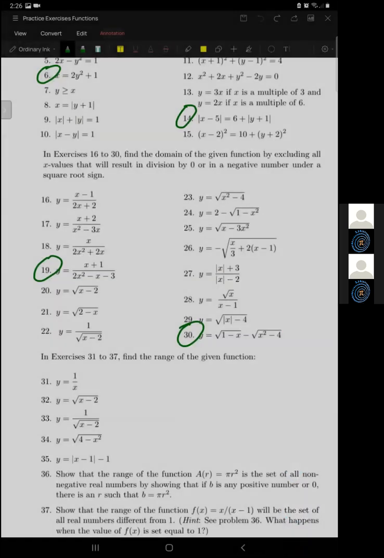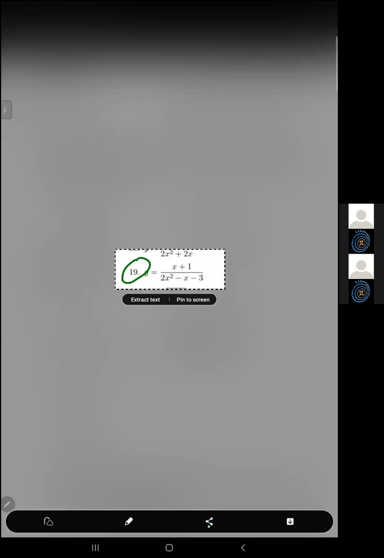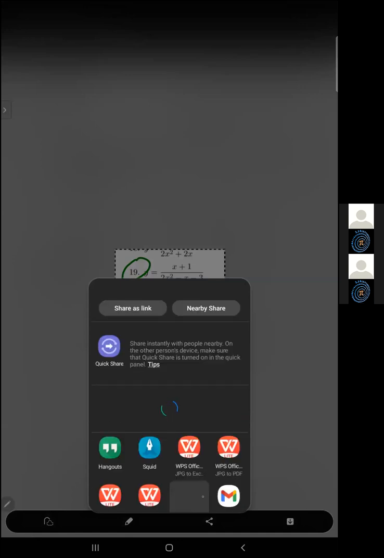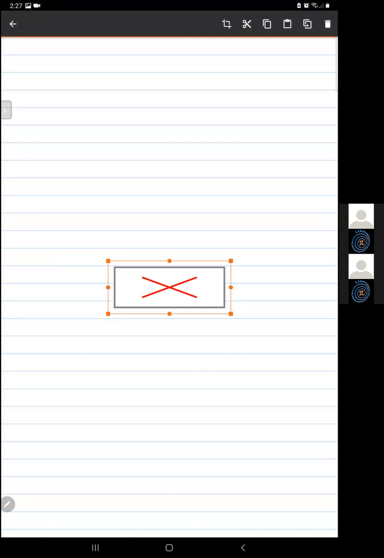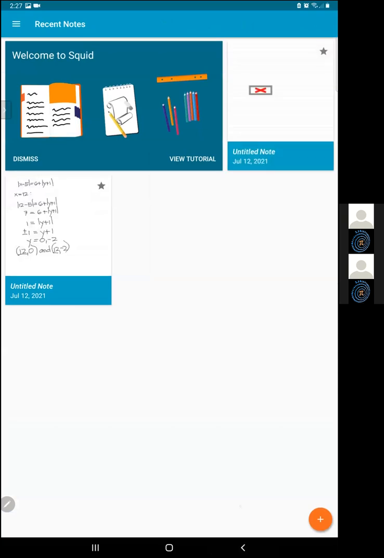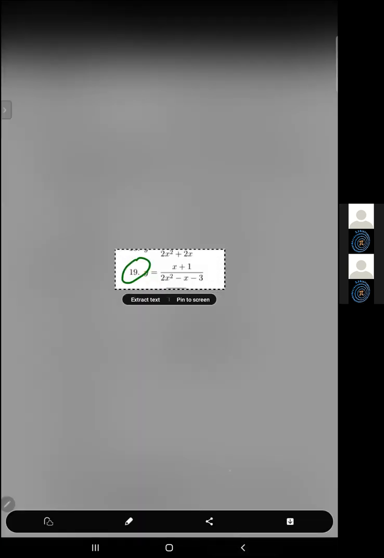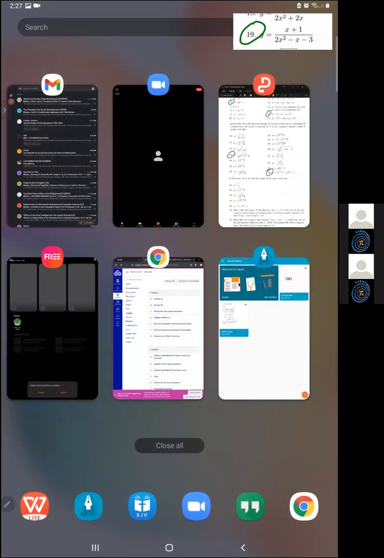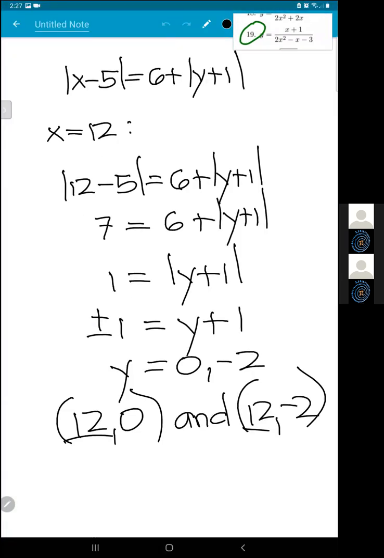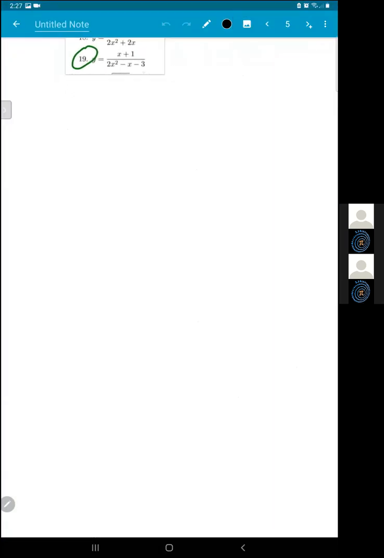Okay, this one here. Okay, let's try that one.